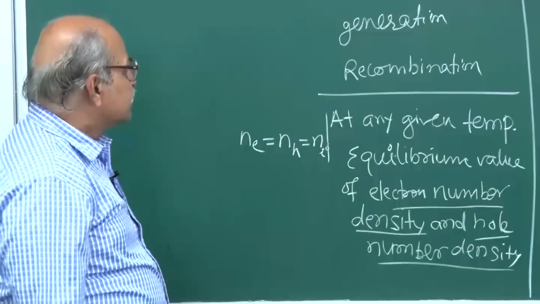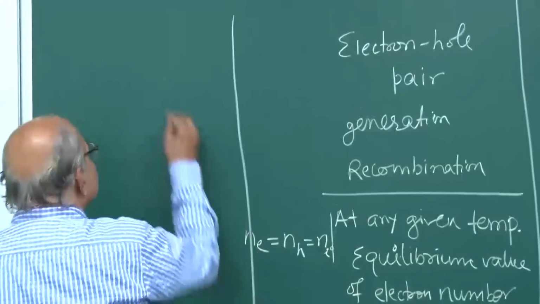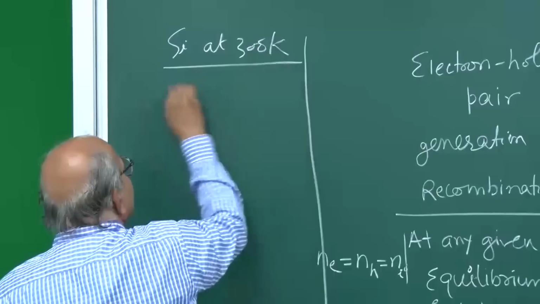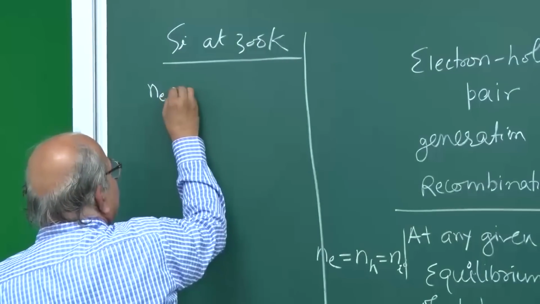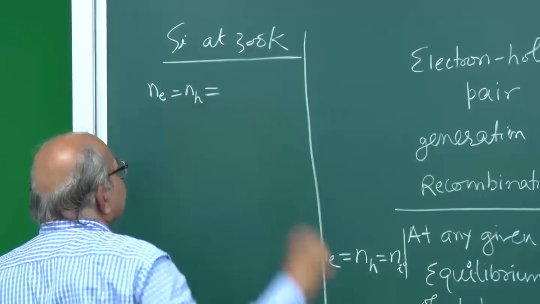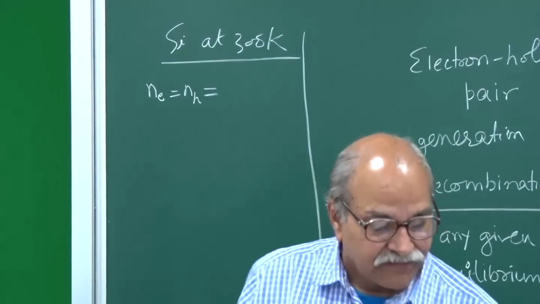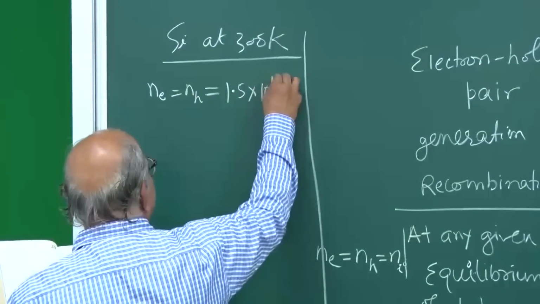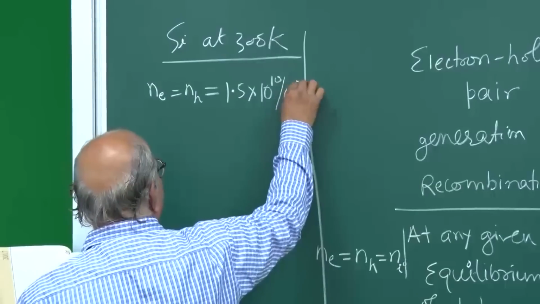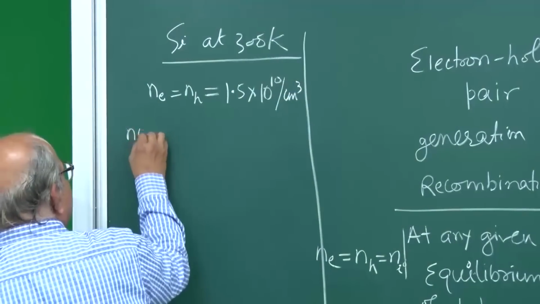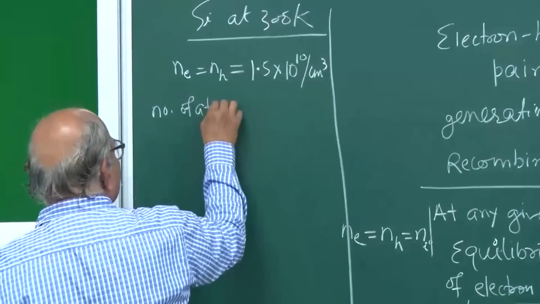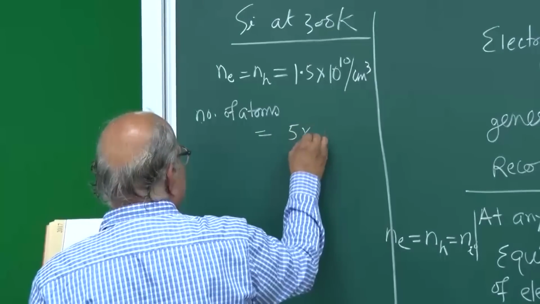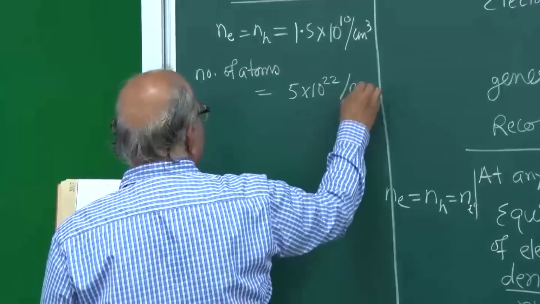Now, for silicon at 300 K, at room temperature, this Ne, which is the same as Nh, is 1.5 times 10 to the power 10 per centimeter cube, whereas the number density of atoms is 5 times 10 to the power 22 per centimeter cube.